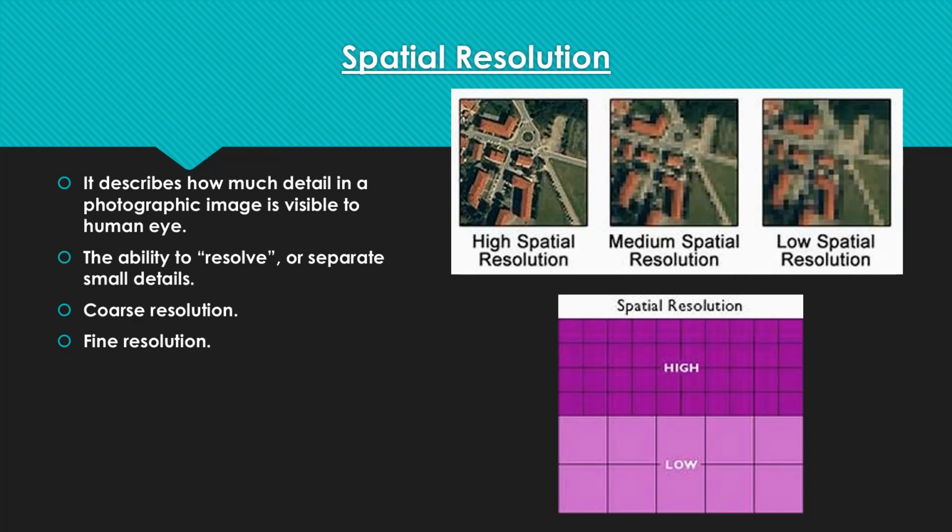So we will understand this with one example. Suppose there are two satellites which provide satellite imagery at two different spatial resolutions. One satellite provides a spatial resolution of 5 meter, whereas the second satellite provides a spatial resolution of 30 meter.